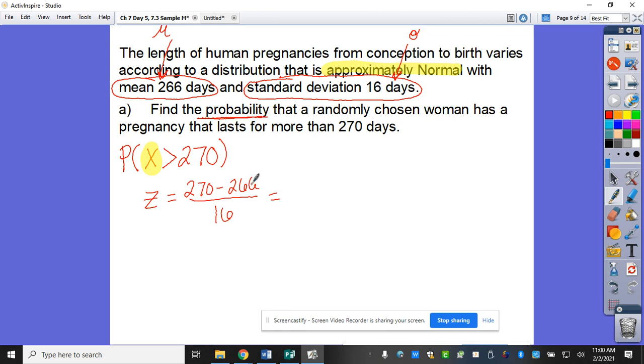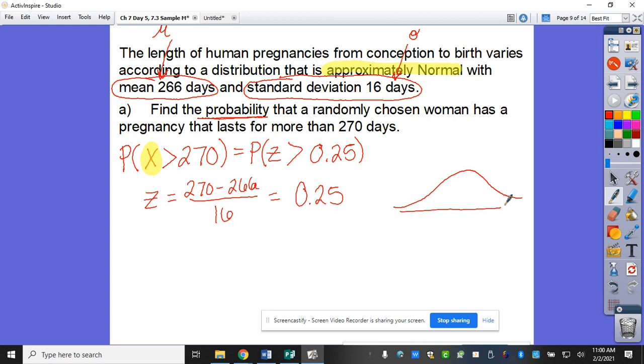Two, and that gives me what? So I change this to a Z. What else do I need to do? And then 0.25 is on the right side. Which direction do I shade? To the right, because it's greater than.